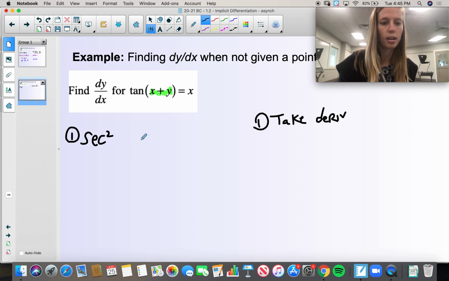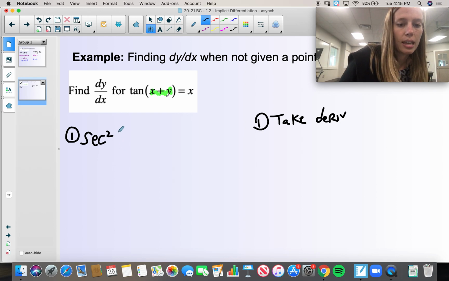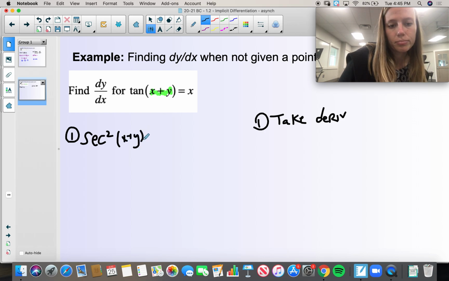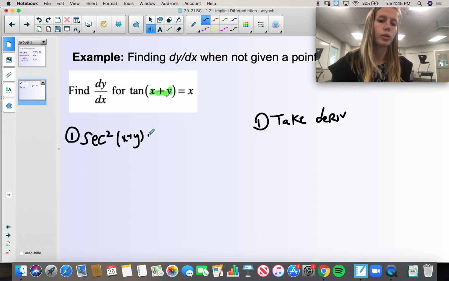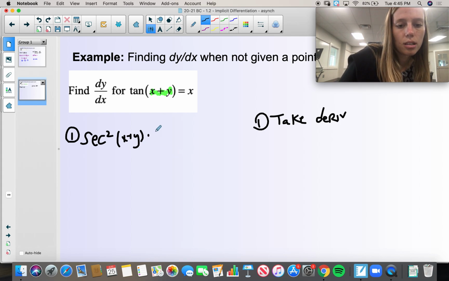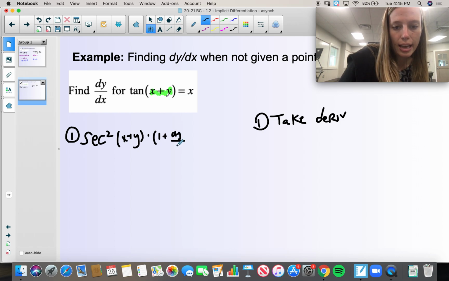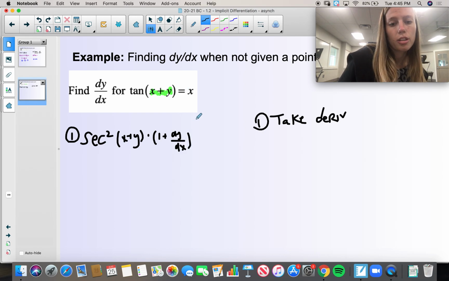So secant squared, and the inside will stay the same, so that'll be x plus y, times the derivative of the inside, which is 1 plus dy/dx. So 1 plus dy/dx equals the derivative of x, which is just 1.